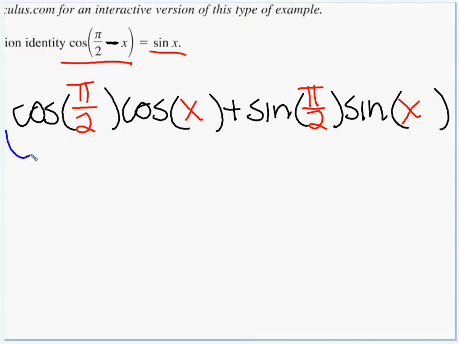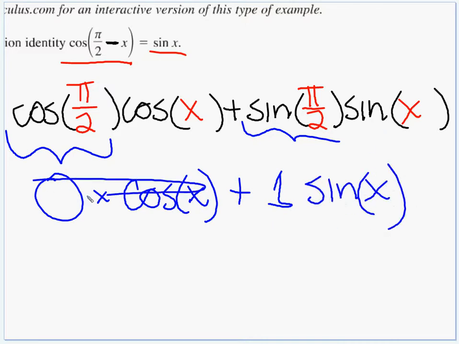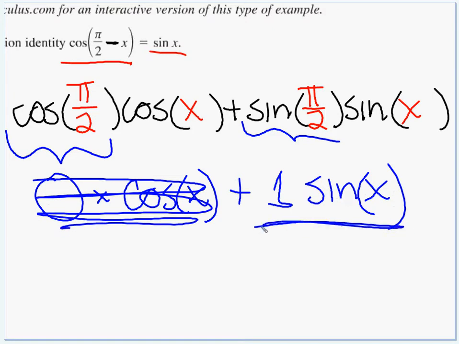The cosine at a half pi, that turns into a 0 times this cos x. Well, 0 times anything is 0, so that term will be gone. And then here, the sine at a half pi, that's positive 1 times sine x. So 0 times cos wipes this out. We have 1 times sine x, and that's equal to sine x, just like we were trying to verify in the identity.